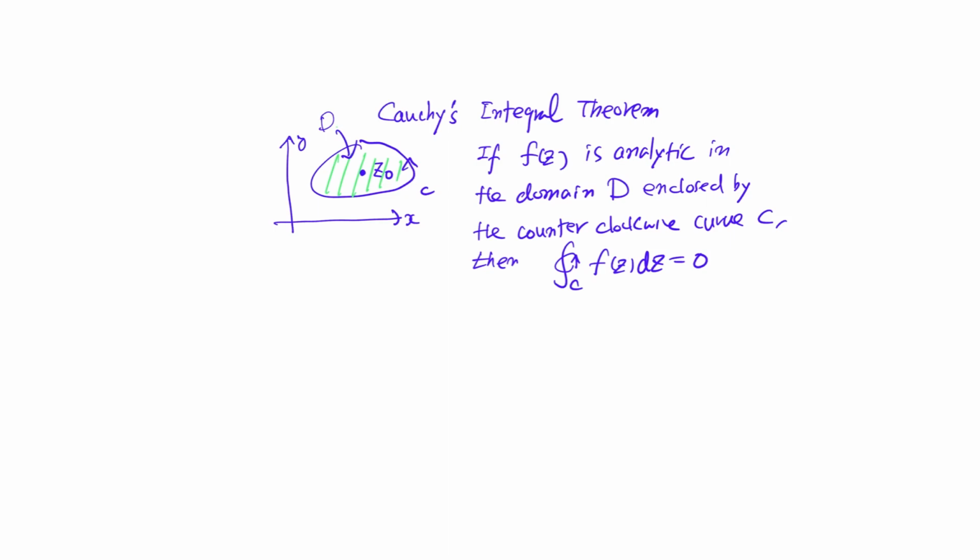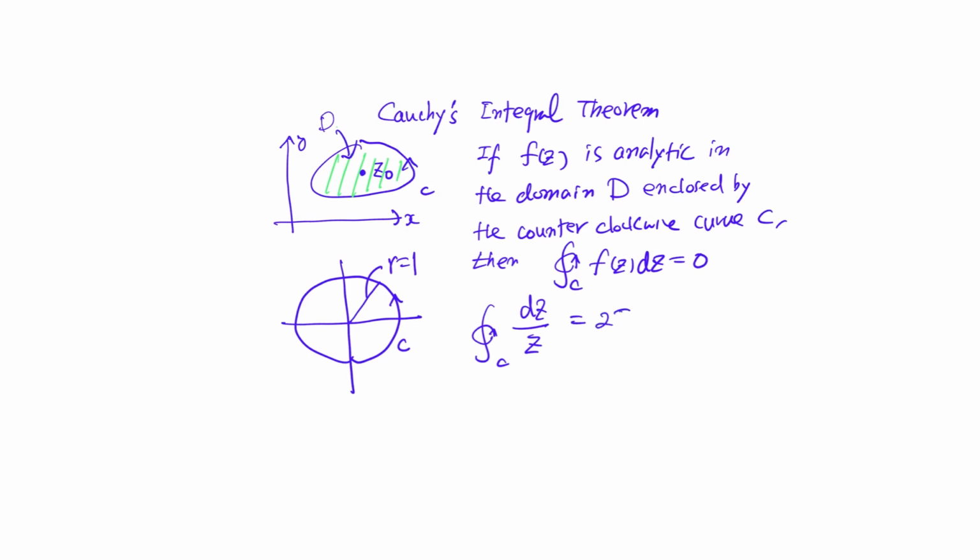And also we have shown that if we have a unit circle, and this is C, the integral of 1 over z dz was 2 pi i, right? That's what we have done previous week.